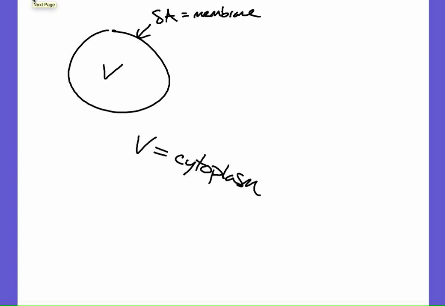But if the volume's getting bigger, that means that your needs are bigger, right? So, yes, as a cell gets bigger, seemingly your supply can get bigger. I think supply has 2 P's, but I spell things wrong a lot.